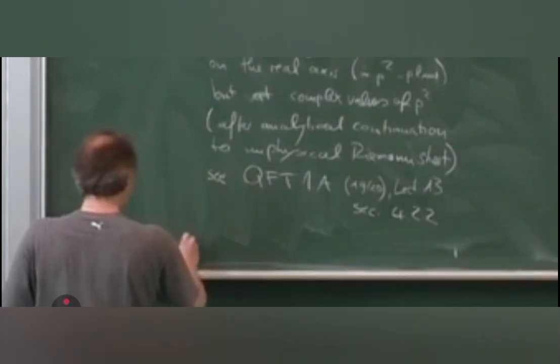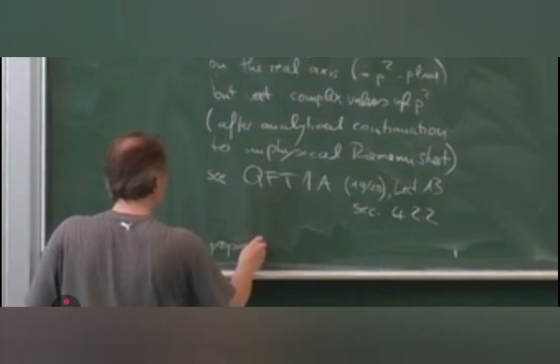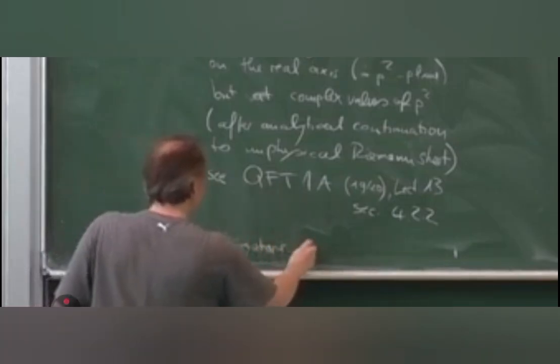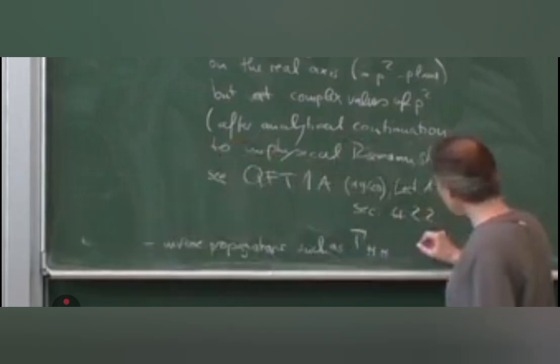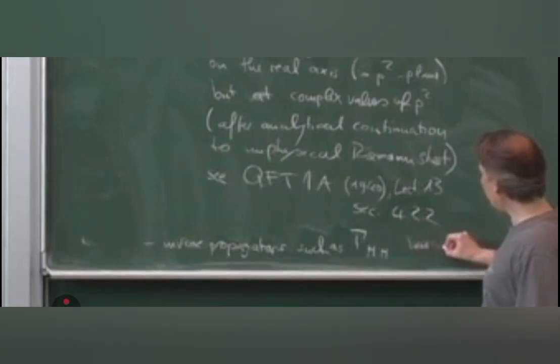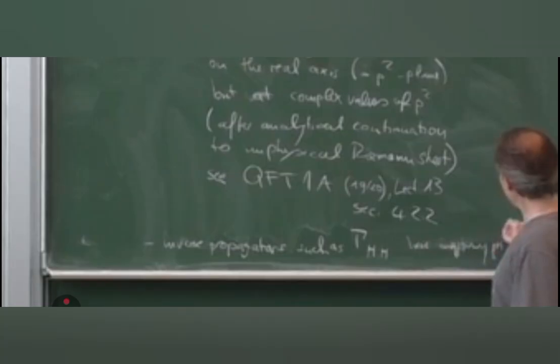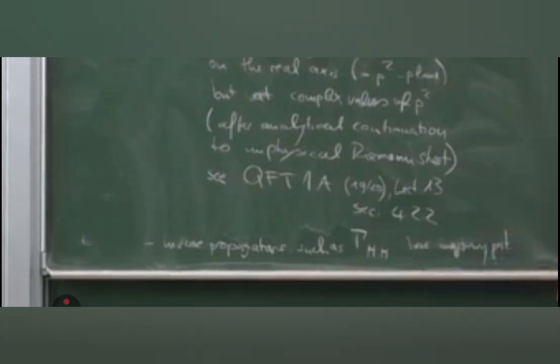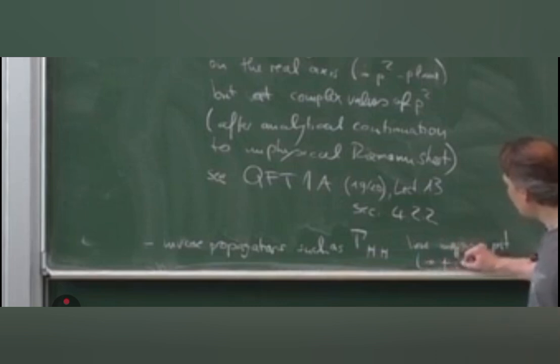What it means is that the inverse propagators such as gamma HH for the Higgs boson have an imaginary part. And technically, this imaginary part is related to this plus I epsilon prescription in the propagators of Feynman diagrams.